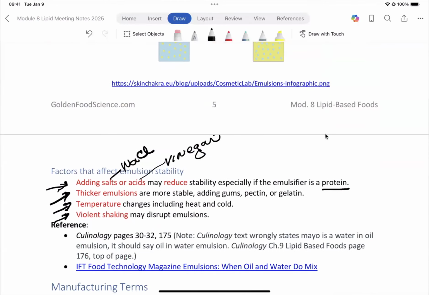But if you had an emulsion and casein was the emulsifier, and I don't know, kind of an example of that, hollandaise. Hollandaise, right? So if casein was your emulsifier, the casein is from milk and dairy, right? So if that was your emulsifier, then adding too much acid could cause it to curdle.